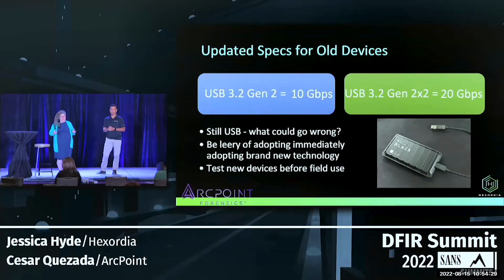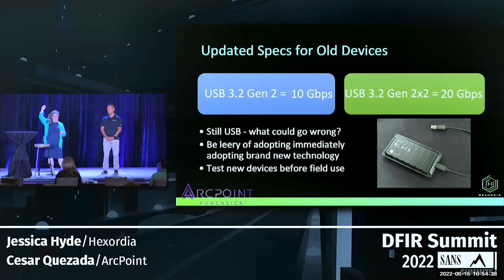I want to get into something that's going to be a mismatch of compatibility of things where you may get missing acquisitions. So how many people out here have really upped their speed and are using USB 3.2 Gen 2x2s, getting 20 Gbps? All right, I see a couple hands, fast adopters of technology, right?